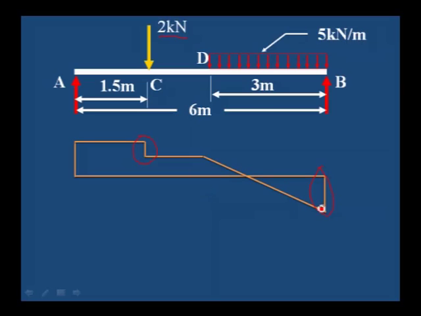From D to B we are drawing an inclined line, because in this portion the uniformly distributed load is acting, that is why it is inclined. What we can observe here is one particular point where the shear force changes from negative to positive. Where the shear force changes its sign, at that place the maximum bending moment occurs.